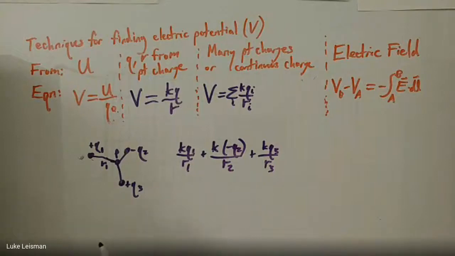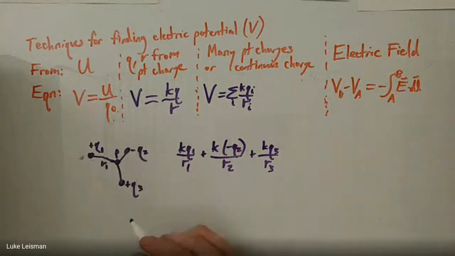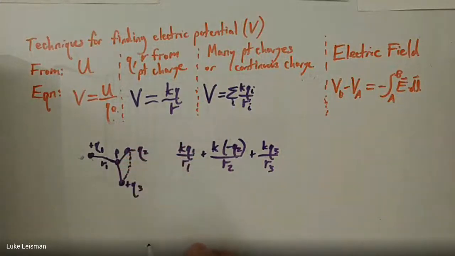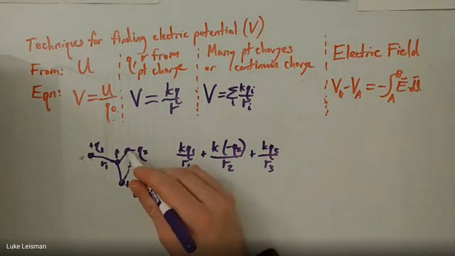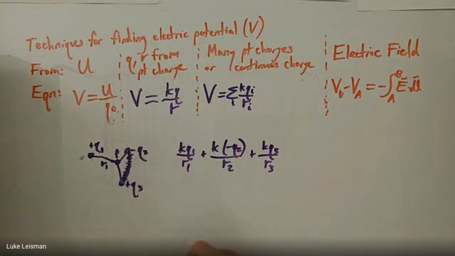Now, instead of just many individual charges, you could imagine infinitesimally small charges, or even a continuous distribution of charge that I chop up into a bunch of little itty-bitty pieces.